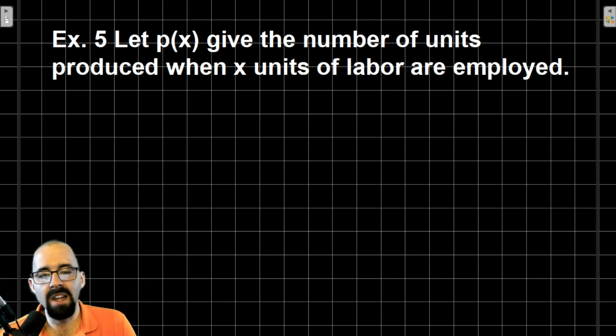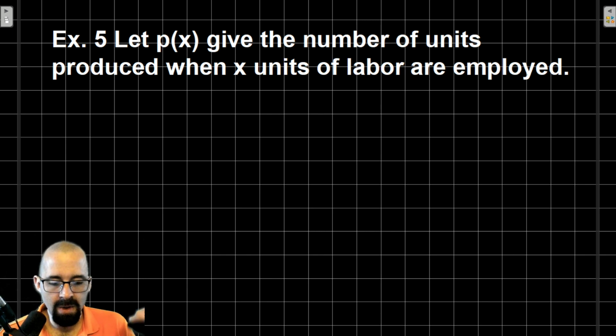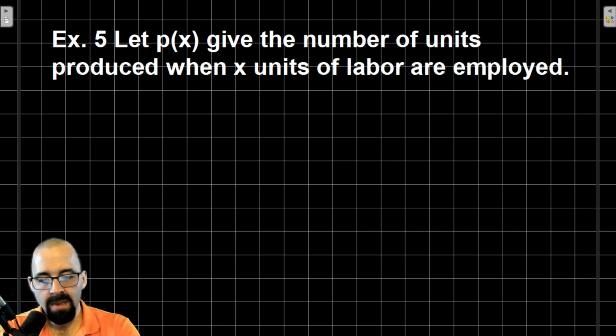We'll just say units of labor, but you could think about it as X total hours. So if there are 8 people working 40 hours, that would be 320 units, 320 hours. Obviously, if we work more, we should hopefully produce more things. We'll see what P of X is later.